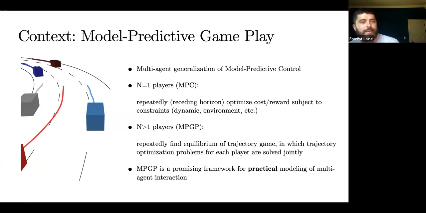So the way that we do this is we set up a trajectory optimization problem like we had for ourselves, but we set one up for not only ourselves, but for every other car on the road. And this is going to be our kind of model for how humans drive, right? So humans, for the most part, are rational decision makers.